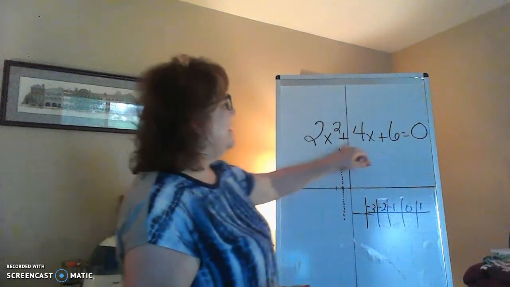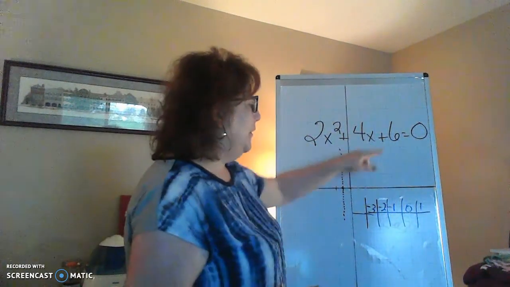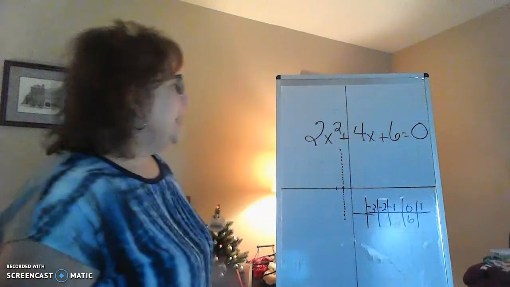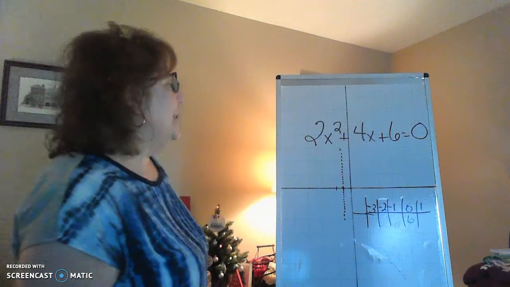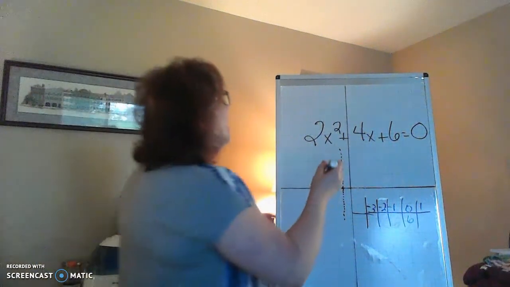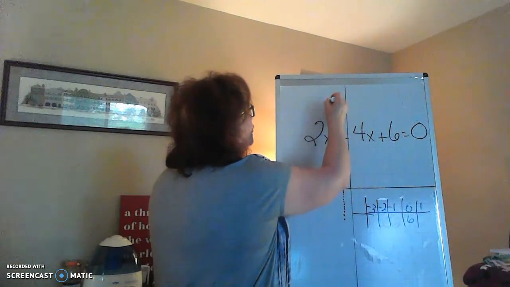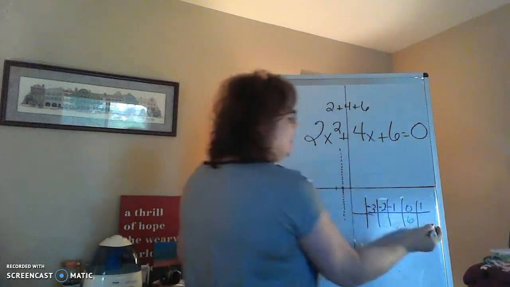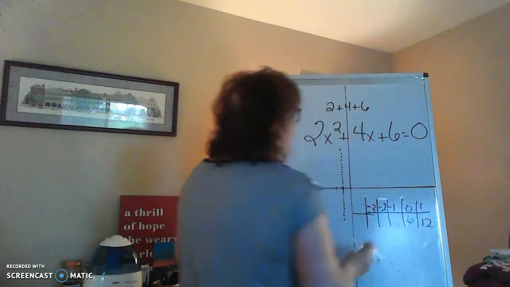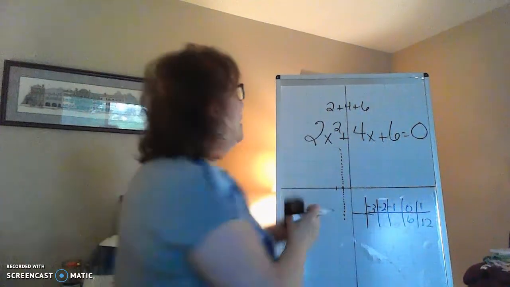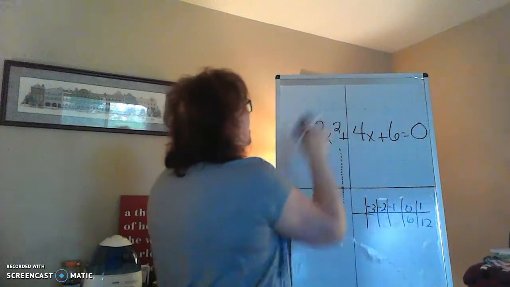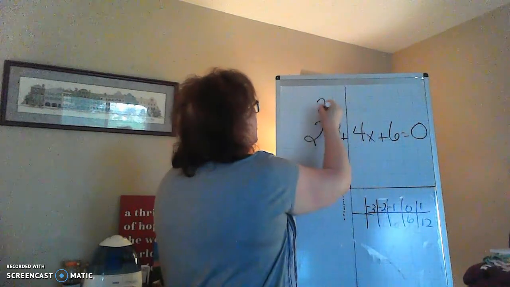So if I stick 0 in for all of these, then I know this one's going to be 6. If I stick 1 in for all of those, I am going to have 2 plus 4 plus 6 equals 12. If I stick -1 in for all of those x's, I am going to get 2.